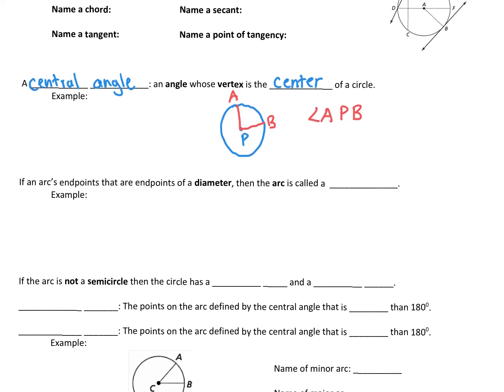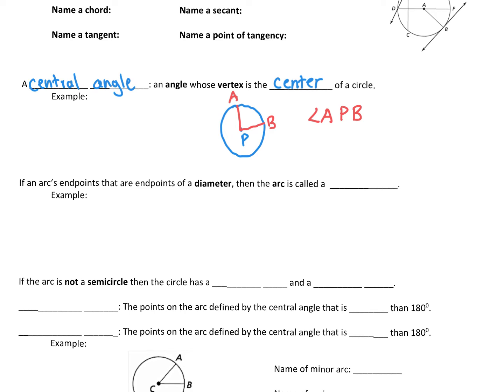Next, if an arc's endpoints are the endpoints of the diameter, then the arc is called a semicircle. So go to our previous example. From A to B, this would be arc AB, and we'd write it as AB with a little curve on top.